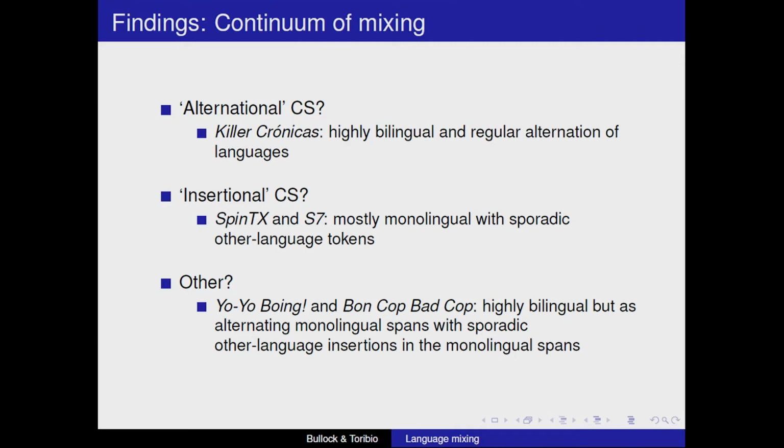Spanish in Texas and the Solorio 7, that conversation, we might say that those are insertional, because you've got mostly Spanish with some English inserted occasionally. And then other, Yo-Yo Boing and Bon Cop, Bad Cop, they are highly bilingual, right? They've got both languages very well represented, but really what you have is like long alternating monolingual spans.